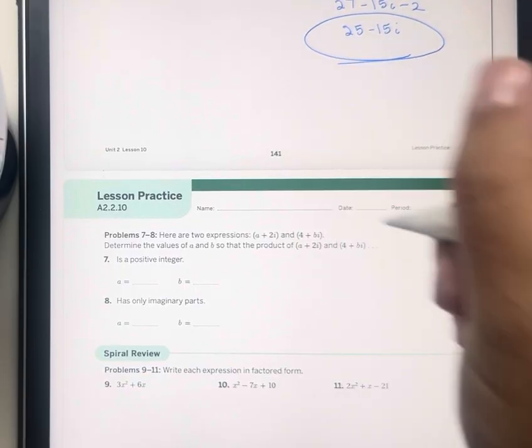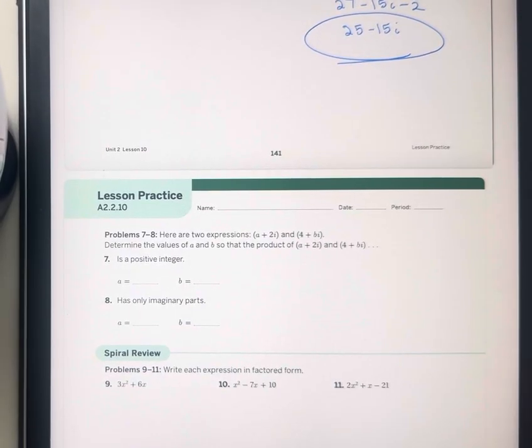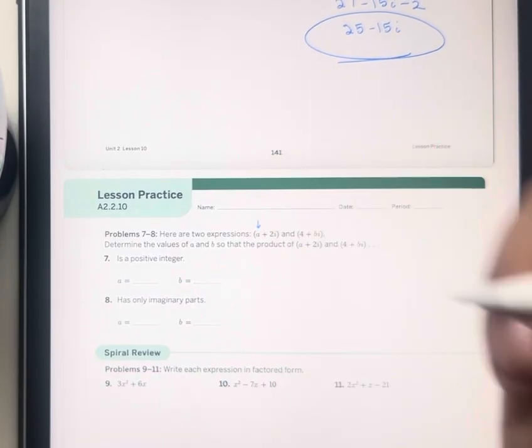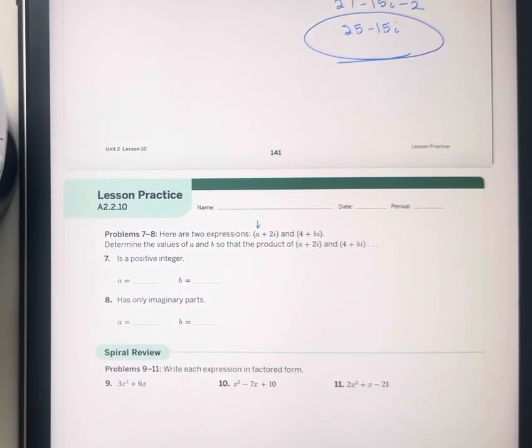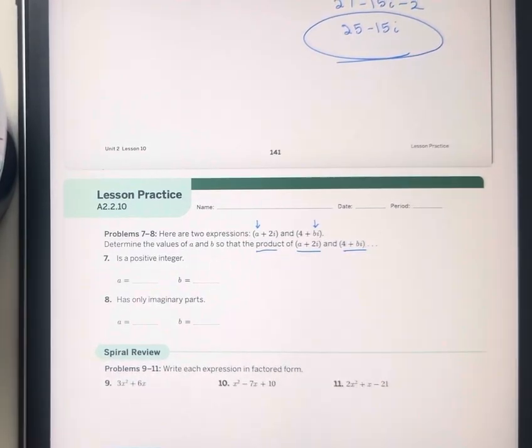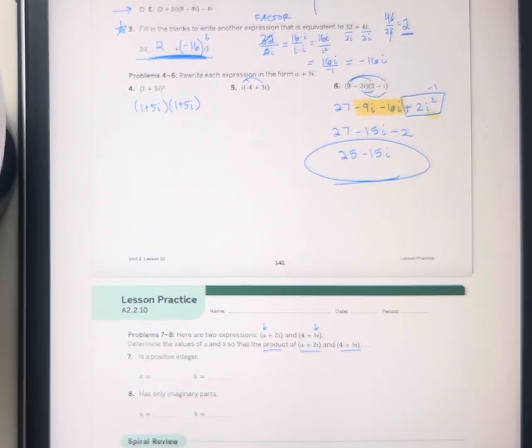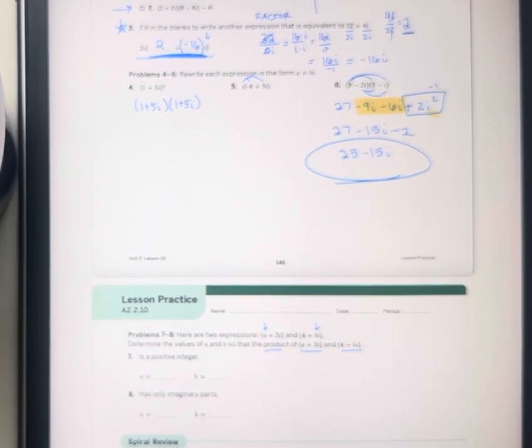You guys, how many times have I said the rules of math don't change for funny looking? I know this is funny looking, that it's got an a in it instead of a number, and that it's got a b in it instead of a number. But they're talking to me about the product of two things, and we've been multiplying like crazy this whole time. You've been fine with that, so do the same.